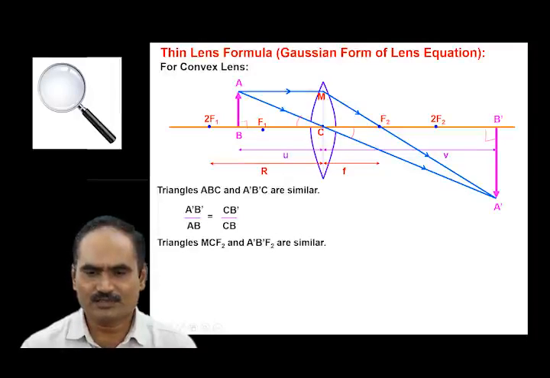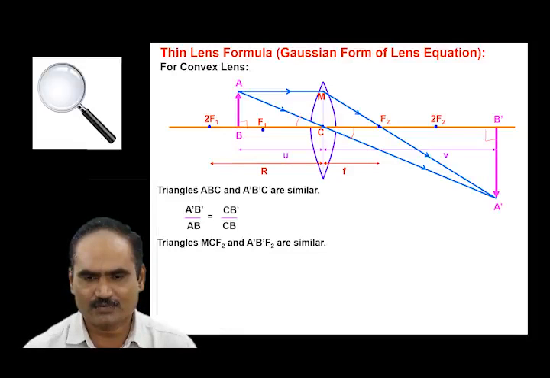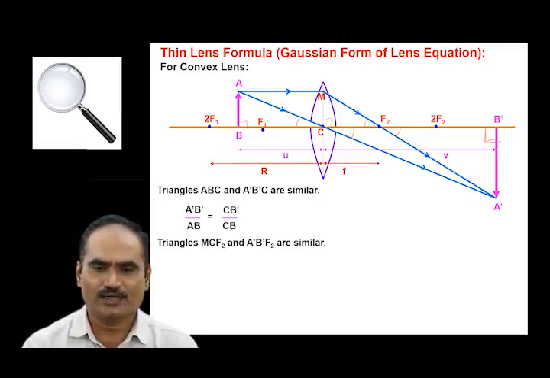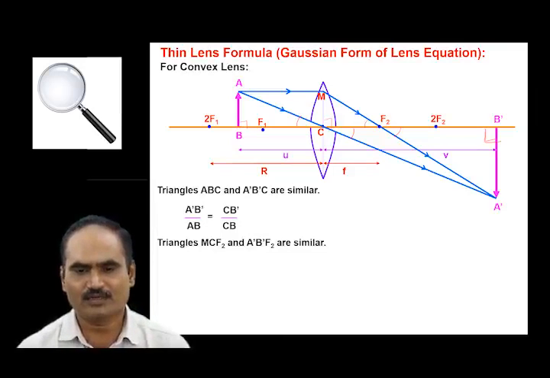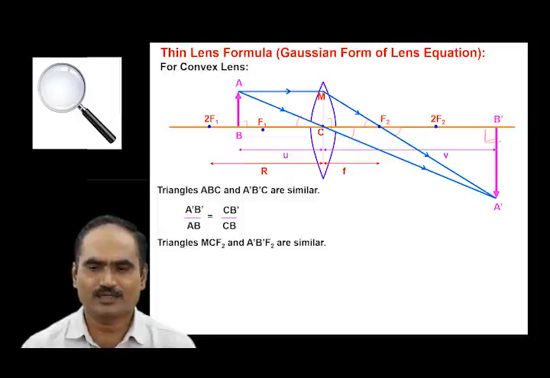Similarly, now let us take another triangle here, triangle A dash B dash F2 and triangle MCF2. And here also in these two triangles, we can prove that these two angles are equal because they are vertically opposite angles, and these two angles are also equal because they are perpendicular angles, and hence two angles are equal, and obviously the third angle is also equal, and otherwise also these two triangles are similar.